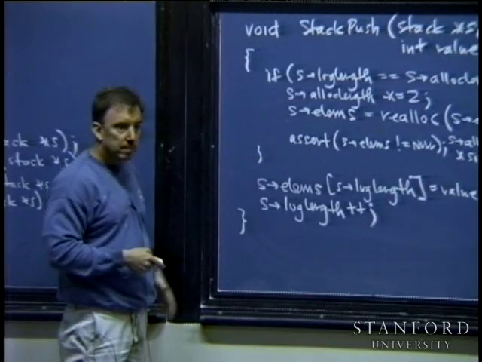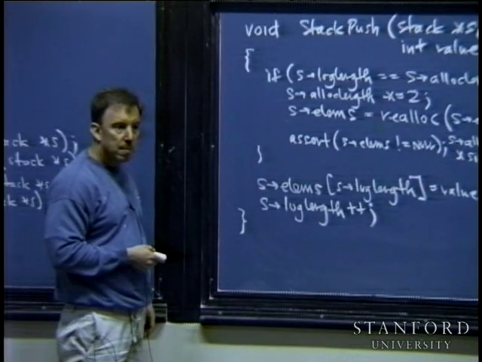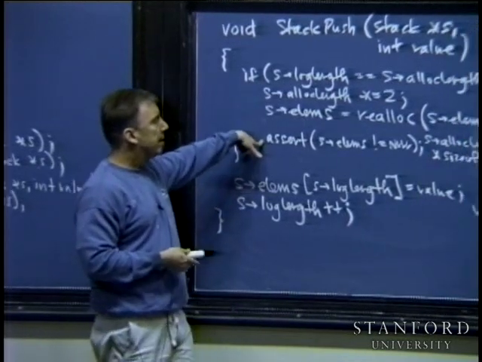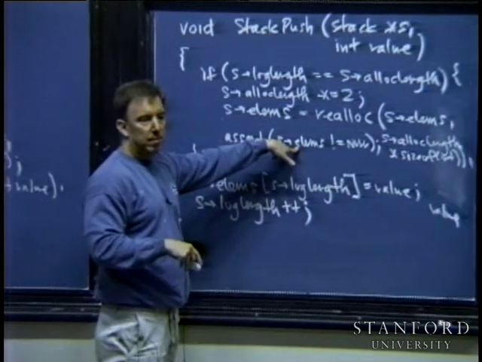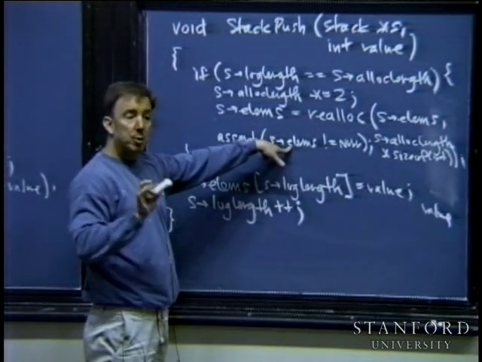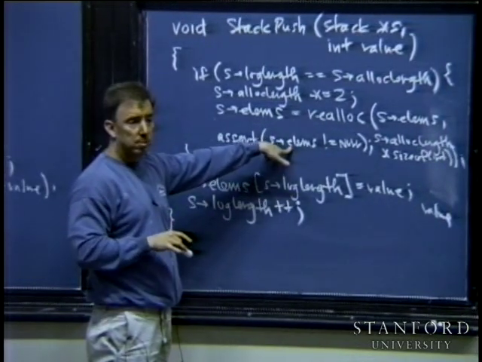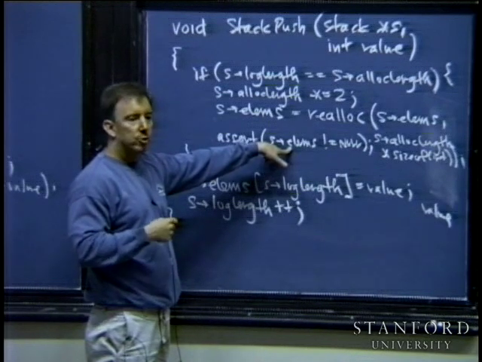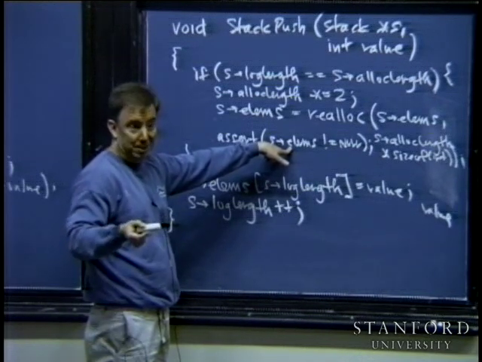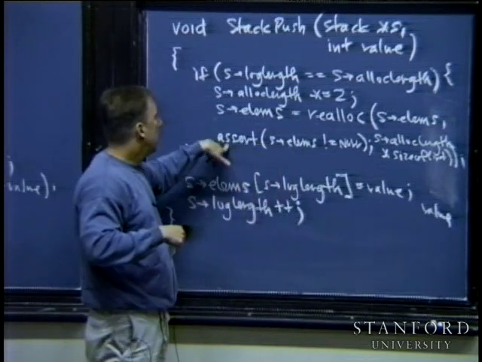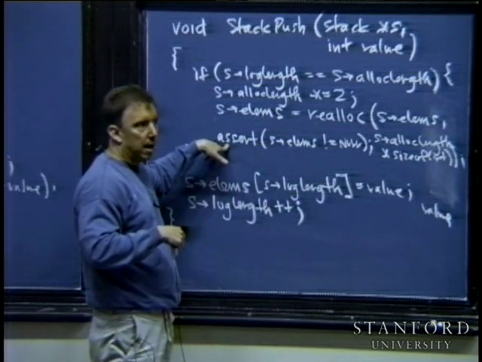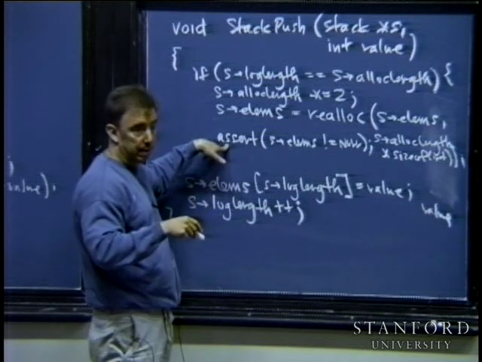Yep? You could explain the assertion again? All assert is, for the moment, just pretend that it's a function. It takes a Boolean. Its implementation is to do absolutely nothing and return immediately if it gets true. And if it gets false, its implementation is to call exit, after it prints an error message saying an assert failed on line such and such in file stack.c.